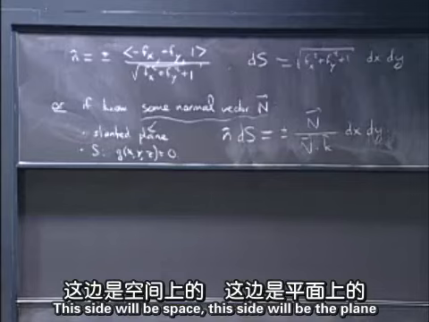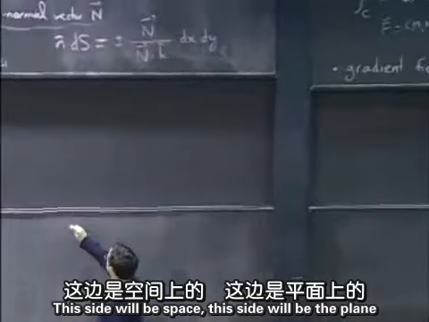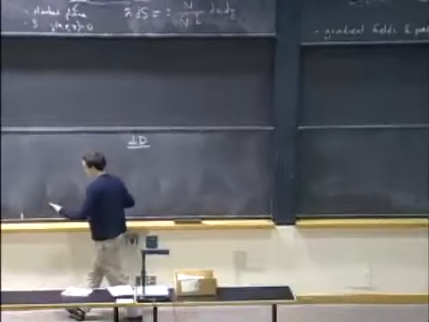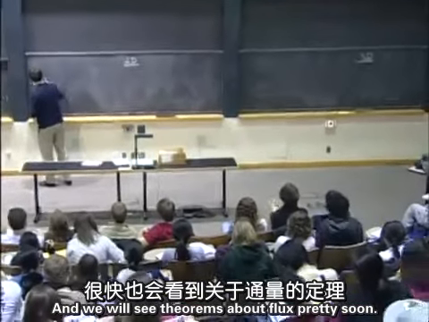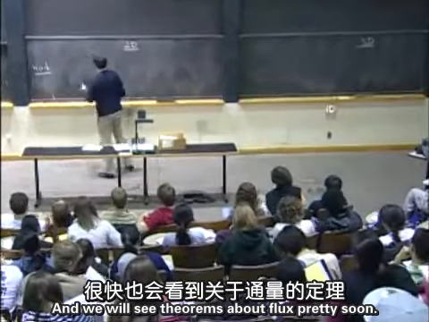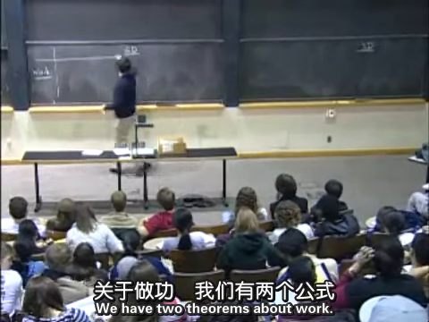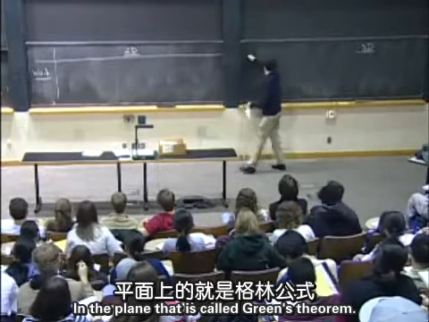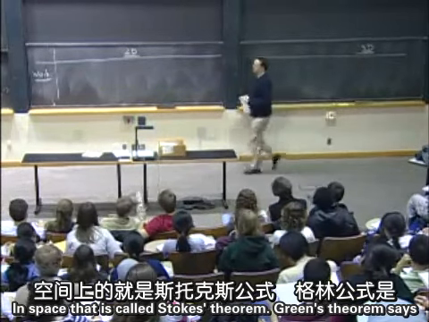Okay, so this side will be space. This side will be the plane. And we're going to start with theorems about work, and we'll see theorems about flux pretty soon. So we have two theorems about work. In the plane, that's called Green's theorem. In space, that's called Stokes' theorem.